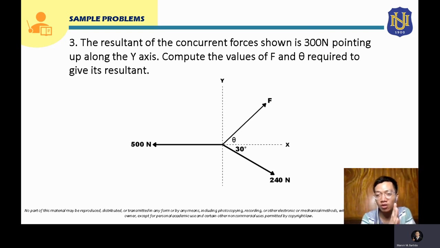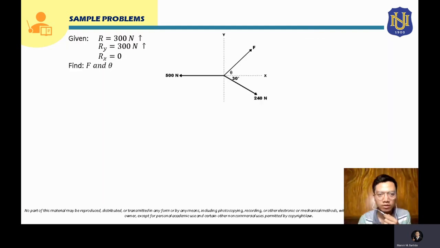So if it is a vertical force, its horizontal component will be 0, and the vertical component, your Ry, will be equal to the resultant itself. Right? So your Ry will be 300 Newton and your Rx will be 0. So from that, we can now start solving. So let's solve this problem.